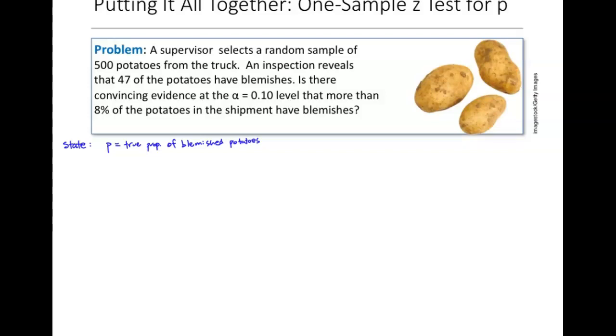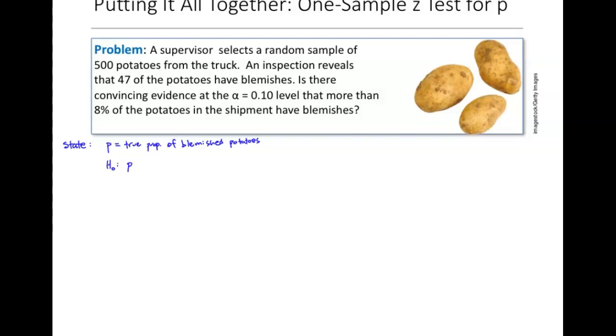And then we're going to state our hypotheses. So you guys help me out with this. What should my null hypothesis be? P is what? What are we going to assume? Point what? I'm not saying you're wrong. Honestly, I didn't hear you. Yeah.